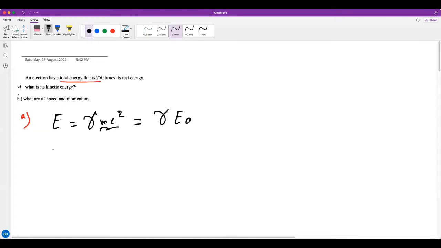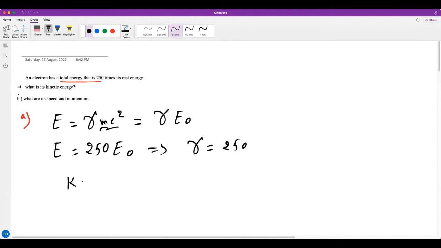We are given that the total energy is 250 times the rest energy, which means gamma is 250. Now the question is the kinetic energy, so we are not asked to calculate the speed yet.